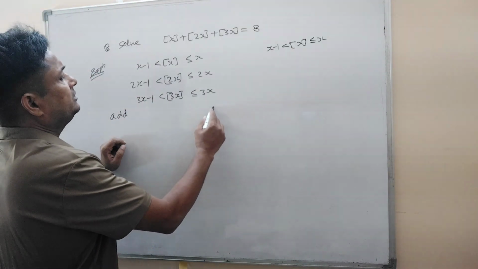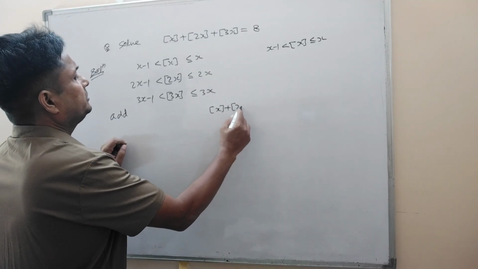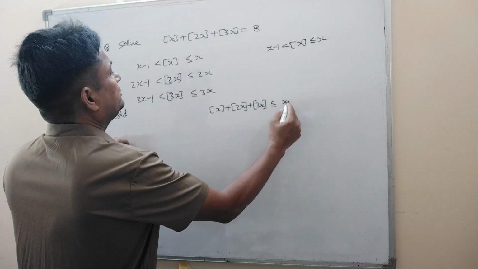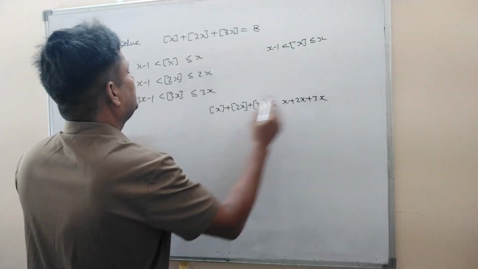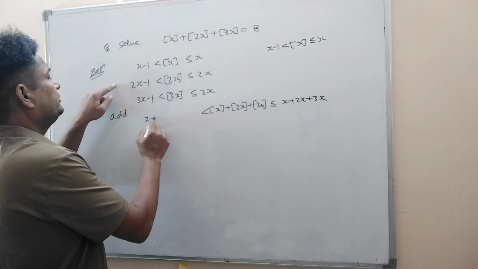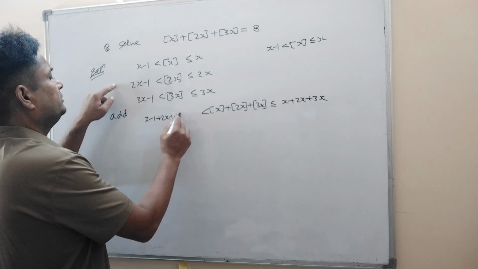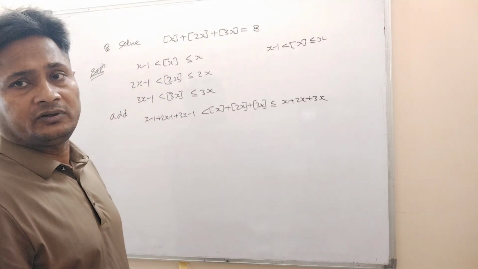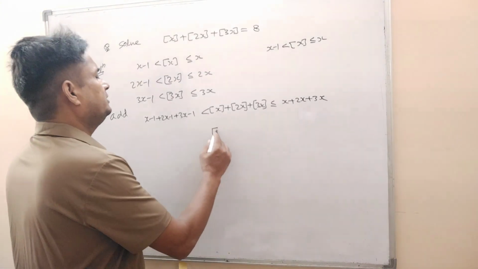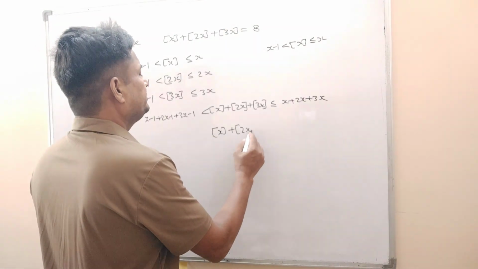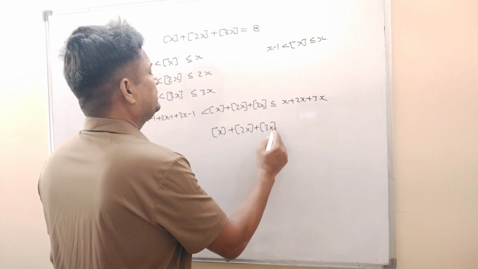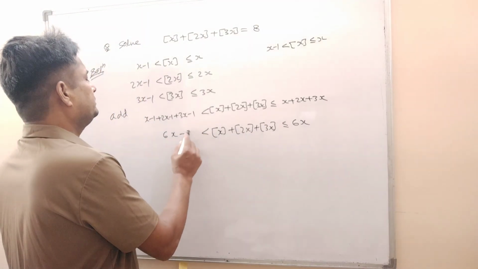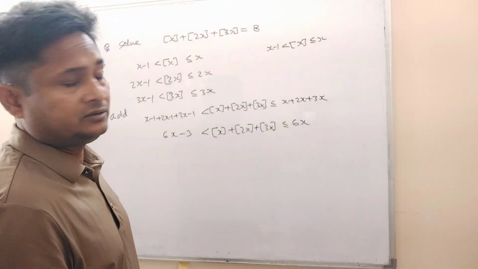Then greatest integer of x plus greatest integer of 2x plus greatest integer of 3x is less than or equal to x plus 2x plus 3x, and greater than x minus 1 plus 2x minus 1 plus 3x minus 1. We are adding these three inequalities. Now the inequality will be: the sum is less than or equal to 6x and greater than 6x minus 3, right?